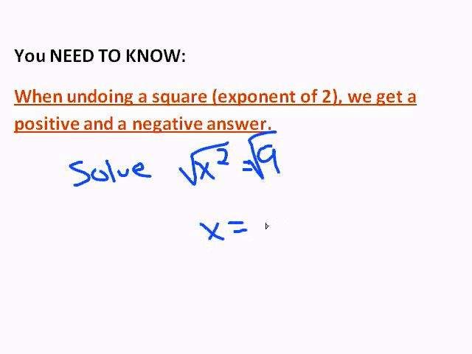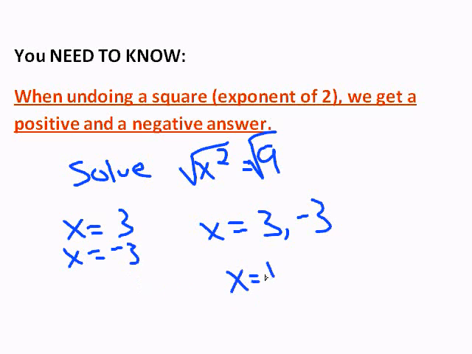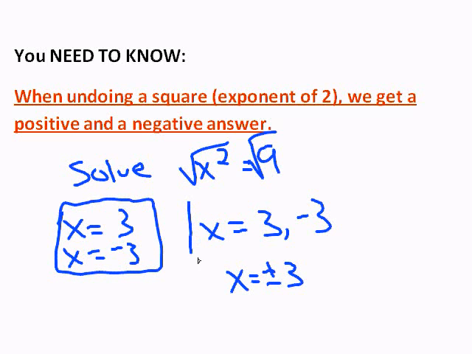And we would get x is equal to positive and negative 3, which we will see written this way. We will see written as x equals 3 and x equals negative 3. And you'll also see the answer written as x equals plus minus 3. All of these are acceptable answers for the solutions to this equation. They're just different ways of writing the same thing.